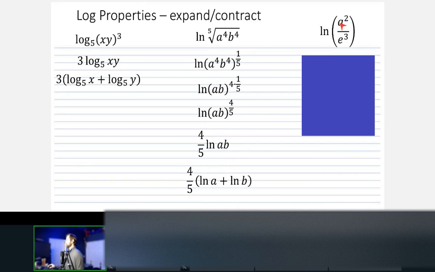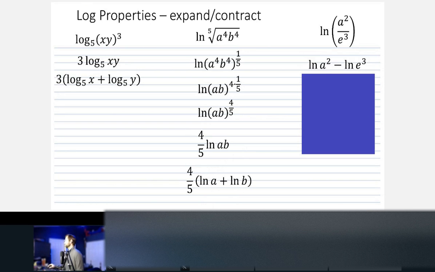Okay, what do we do here? Yeah, it becomes subtraction. Natural log of the top stuff minus natural log of the bottom stuff. Now what? Yep, exponent gets moved in front.